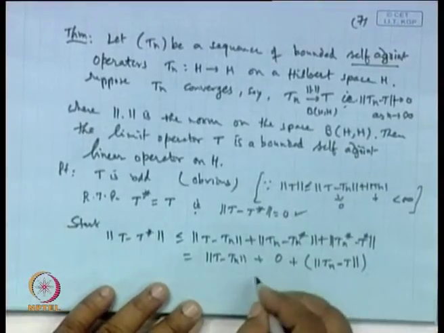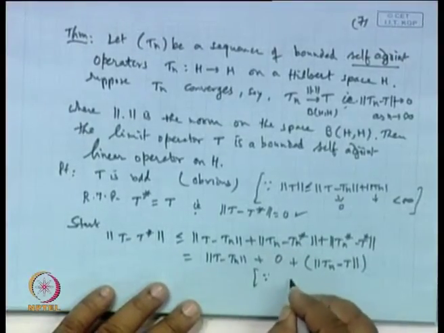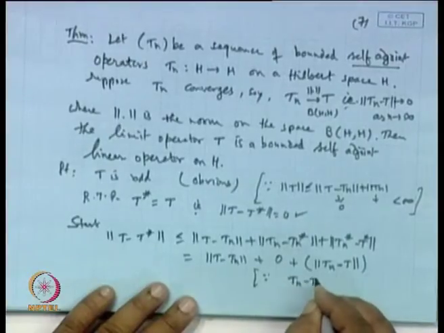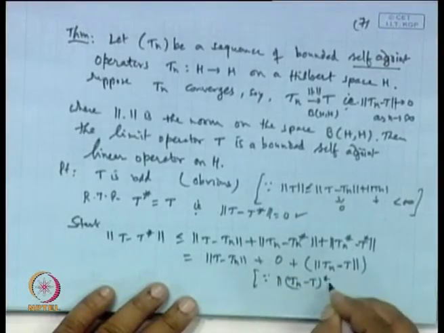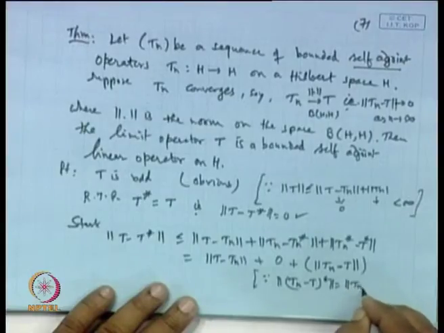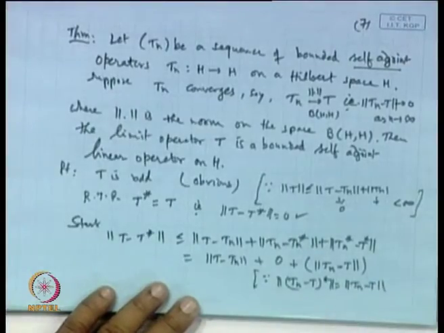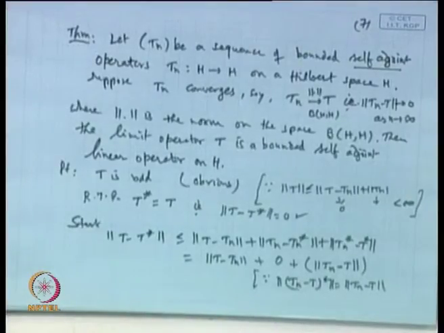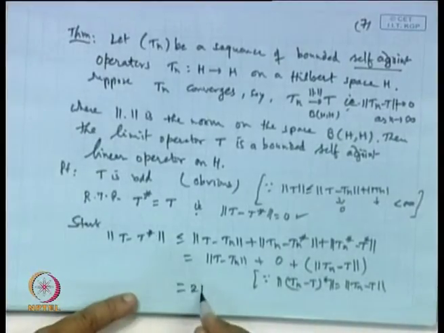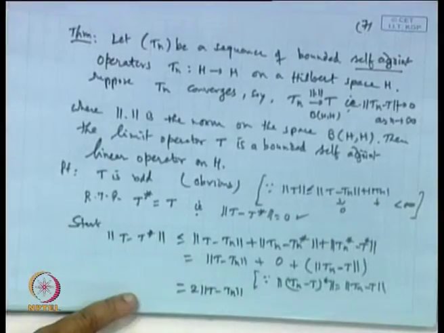Because the norm of Tn minus T star is the same as norm of Tn minus T. For self adjoint operators, they have the same norm, is it not? Otherwise, Tn minus T will also be an operator. So we are taking this thing to mean 2 times norm of Tn minus T.